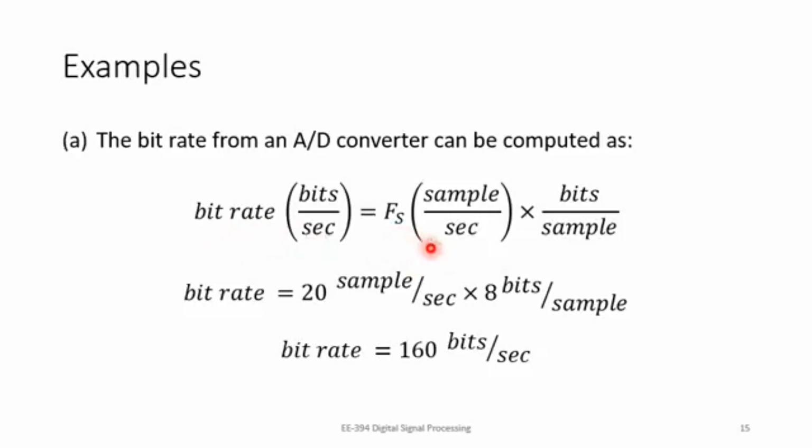And then the second factor is, once you have a sample, how many bits per sample we choose. If one sample takes 2 bits per sample, then it will have some bit rate. But if we have 10 bits per sample for the same scenario, then it will increase the bit rate. So having more bits per sample also increases the bit rate.